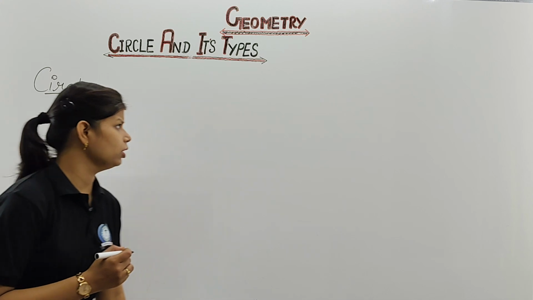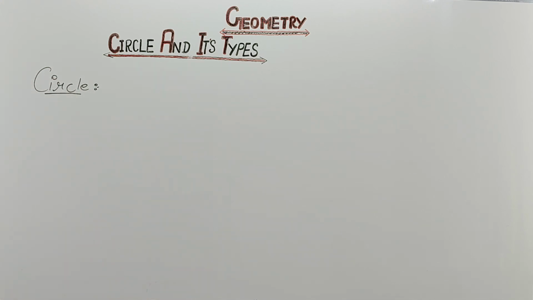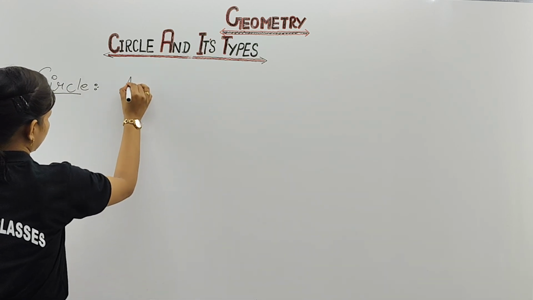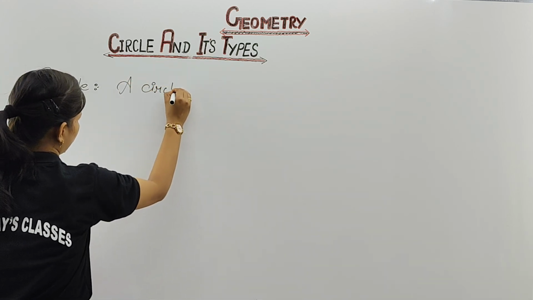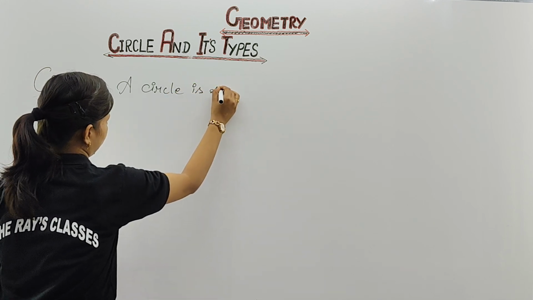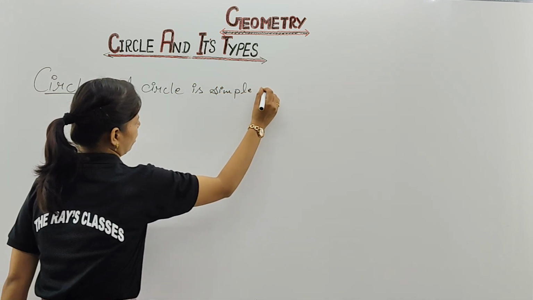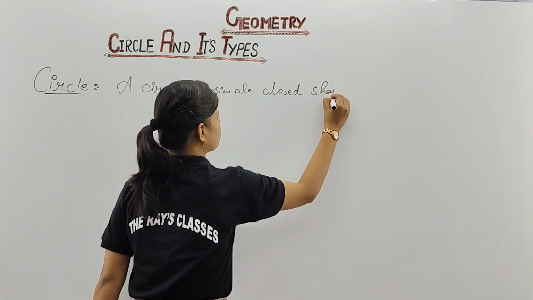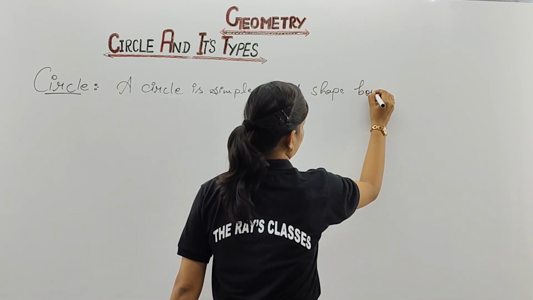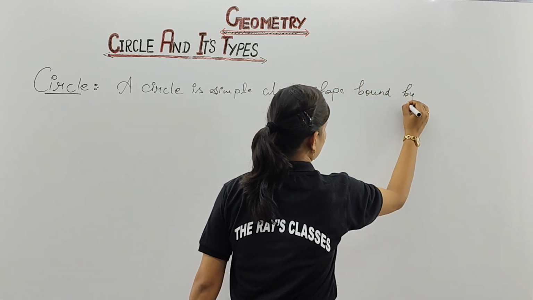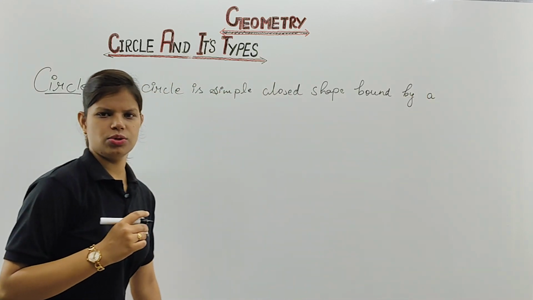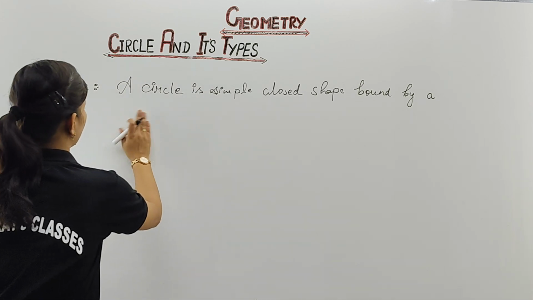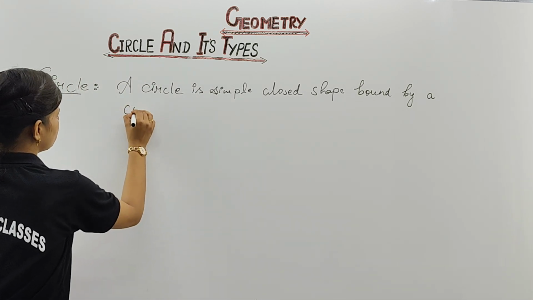Understood? These are all examples of a circle. So let's write the definition of a circle. A circle is a simple closed shape bound by a surface, or you can say bound by a curved line.